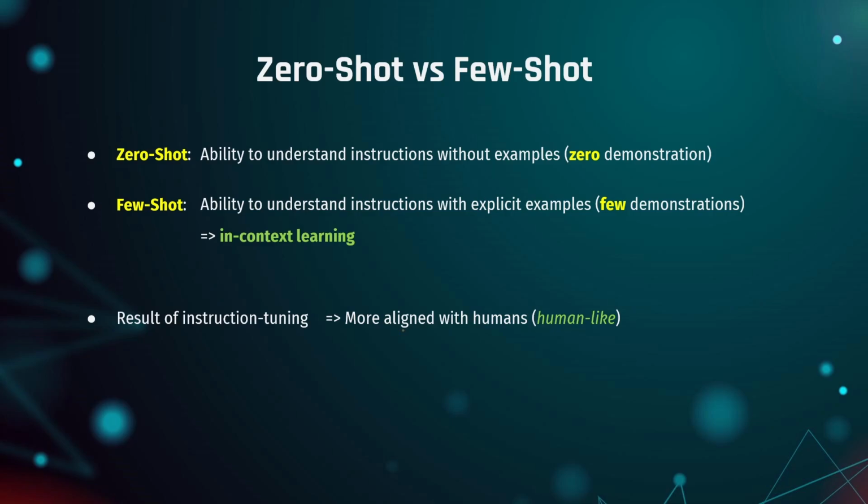Okay, and we also have to remember that the more instruction tuned a model is, the more it gains zero shot ability. Basically, after the pre-training phase, if we instruction tune our model, it starts to behave like humans. It starts to generate human-like language, right? And it gains zero shot ability.